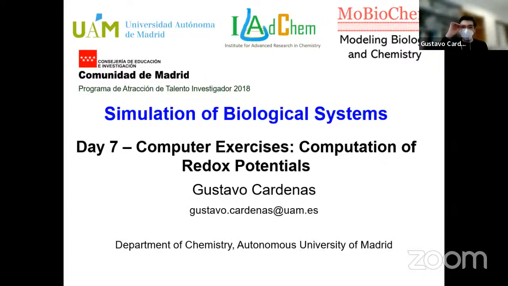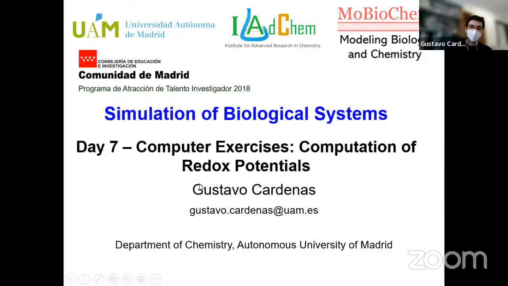The main goal of this tutorial is for you to learn how to apply the sampling techniques and, at the same time, QM/MM techniques to compute this quantity, what we call redox potentials.